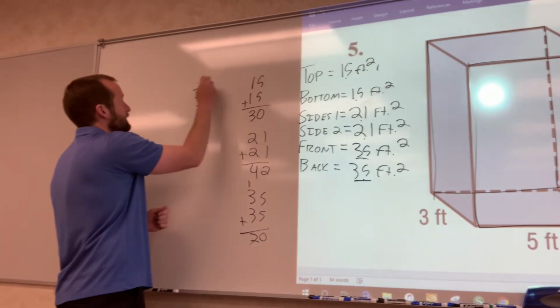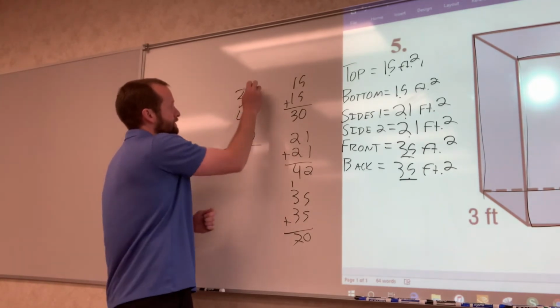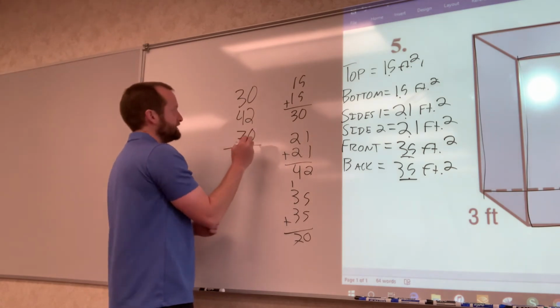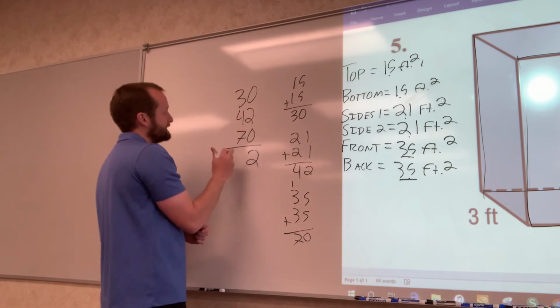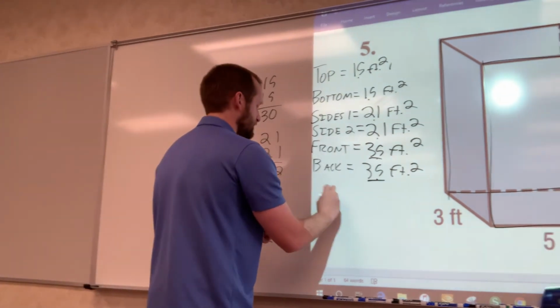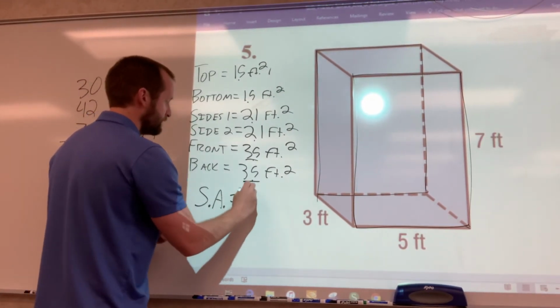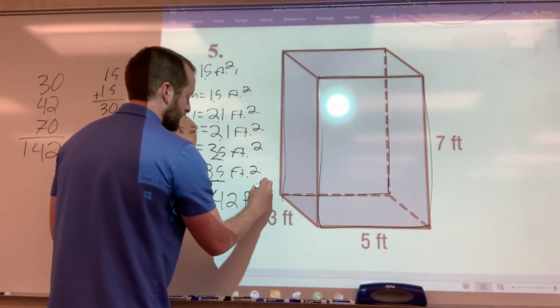Okay, so 30 plus 42 plus 70. 0 plus 2 is 2, plus 0 is 2. And then, let's see, 3 plus 4 is 7, 7 plus 7 is 14, so we get 142. So the surface area is going to equal 142 feet squared.